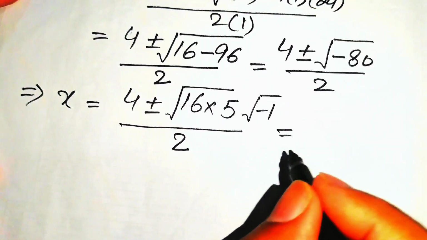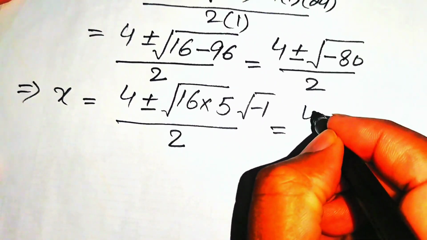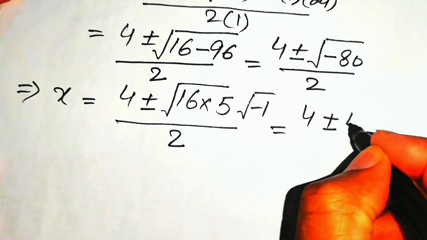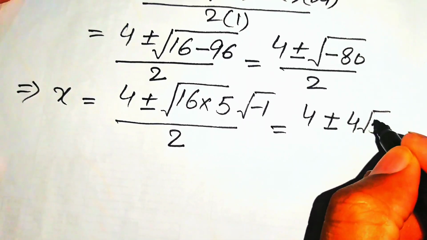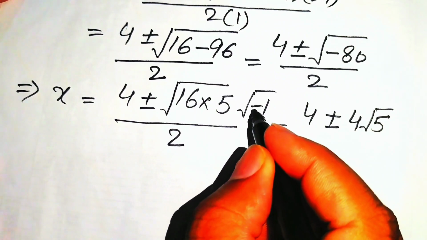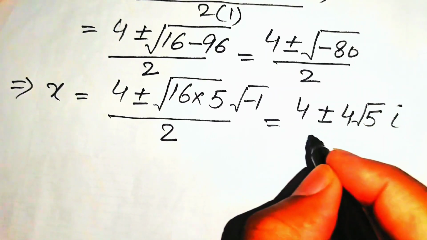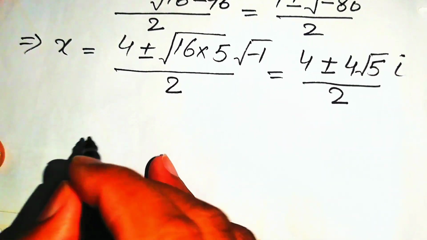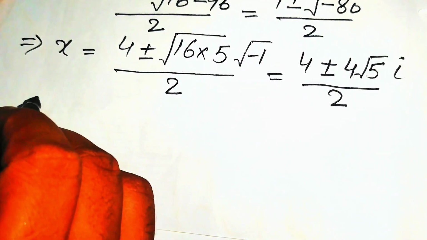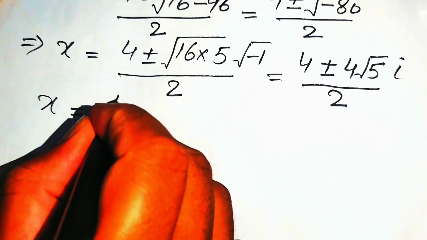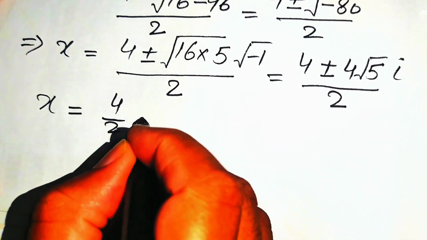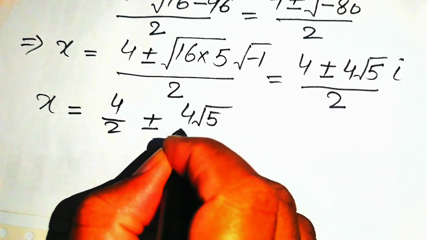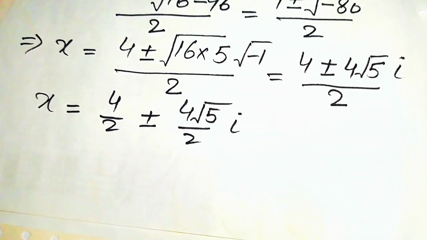In the next step we have 4 plus minus, we know that the square root of 16 equals 4, times square root of 5, and the square root of minus 1 is equal to iota, divided by 2. Now in the next step we separate this fraction and we get x equals 4 over 2 plus minus 4 times square root of 5 over 2 into iota.